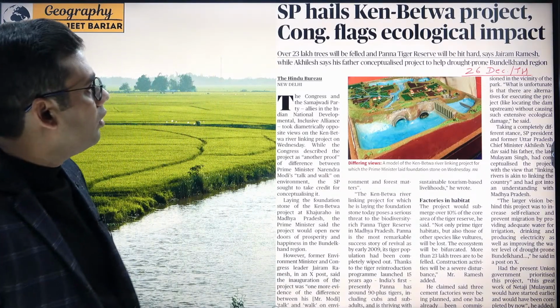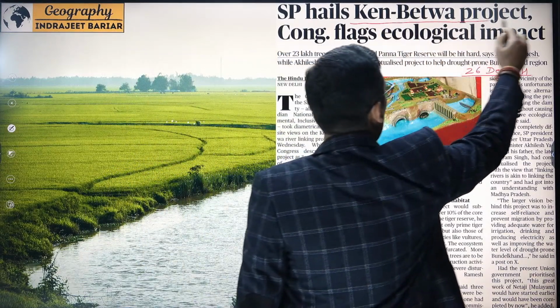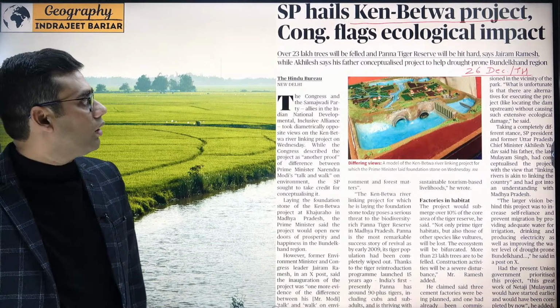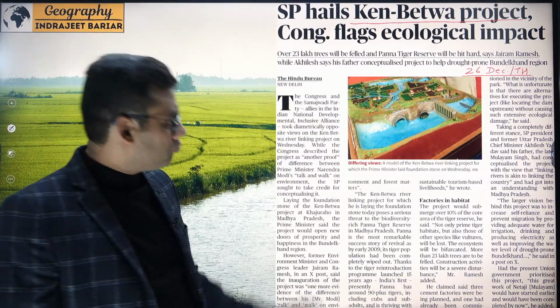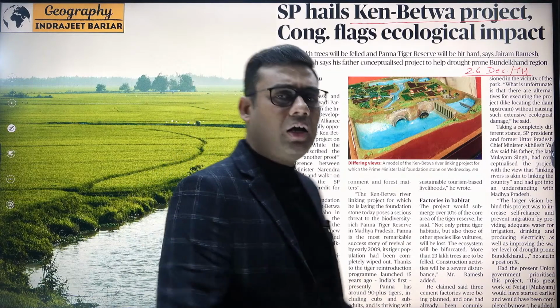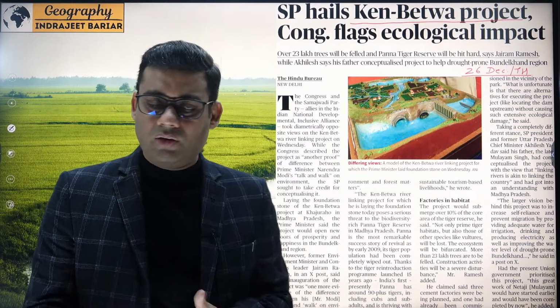So overall, the news was related to the Ken-Betwa river interlinking project. The news has said what the current aspect is, that is, the foundation stone has been laid for the project by our Prime Minister. And then political parties have had their say with respect to this project.